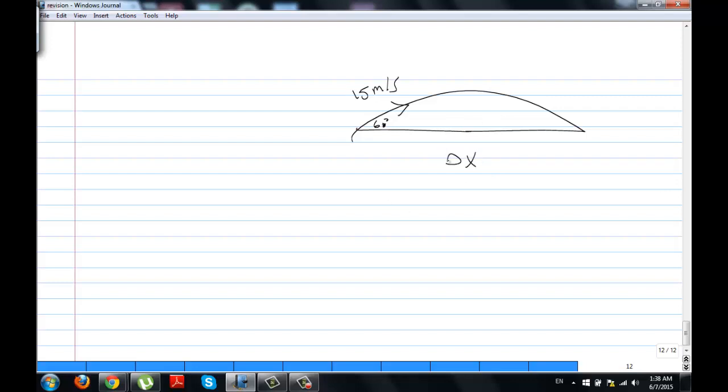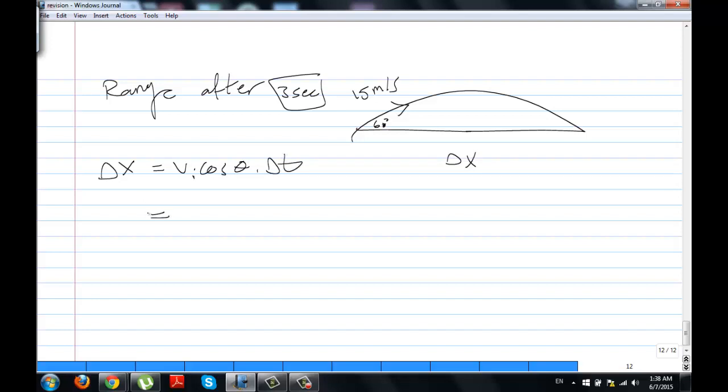I need the range after 3 seconds, for example. The equation is telling me that delta x is equal to vi cosine theta times delta t. This is a direct question.